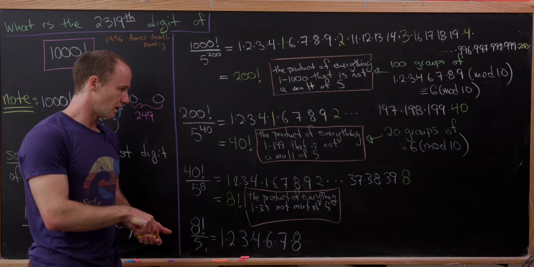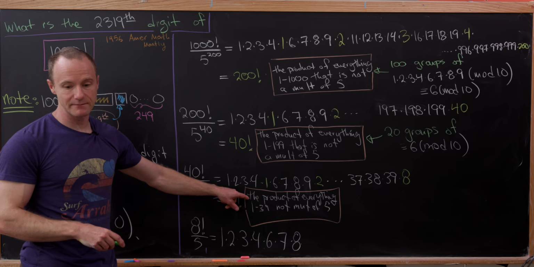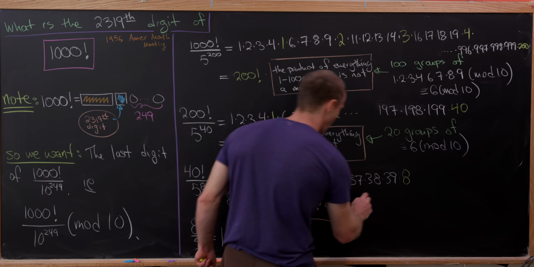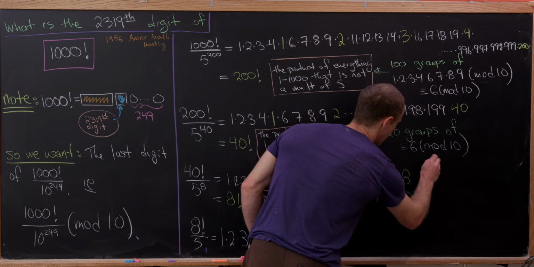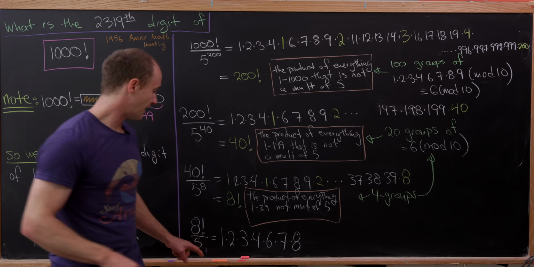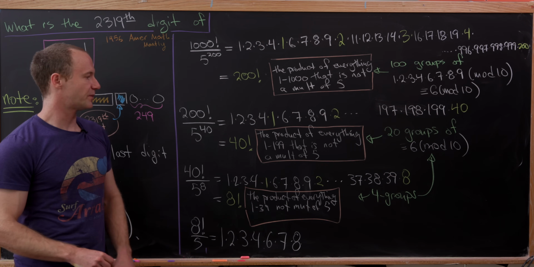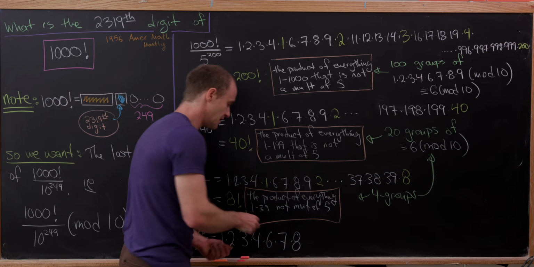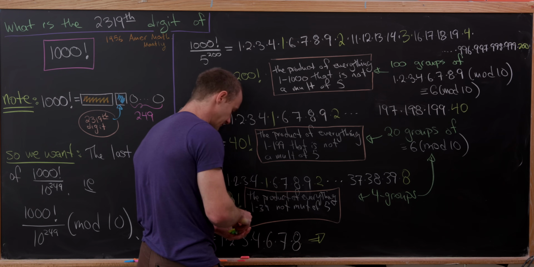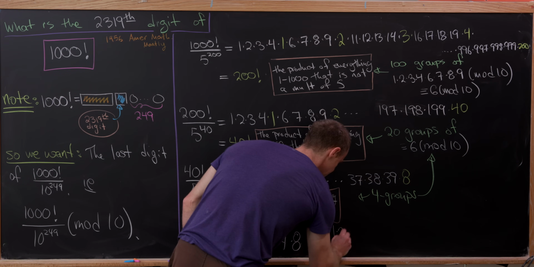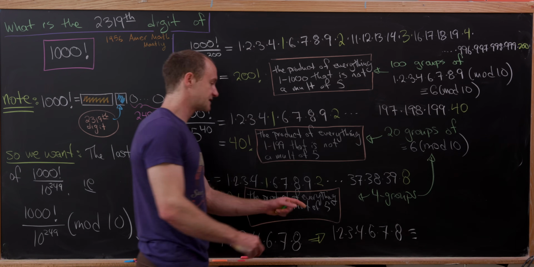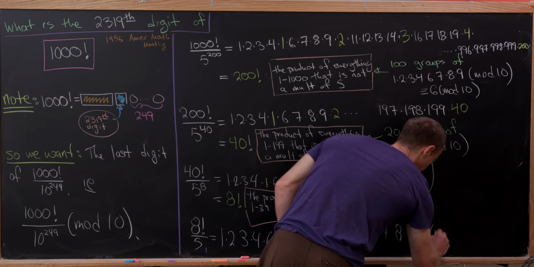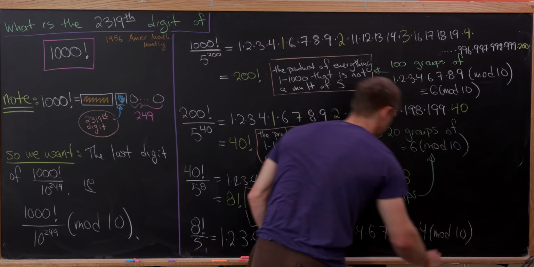And then, what do we have down here? Well, the same kind of game, but now it's 4 groups. So this is going to be 4 groups of this thing. And then finally, we've got one group of things like this. But we might as well reduce this mod 10, and what you'll see is that 1 times 2 times 3 times 4, 6, 7, 8 is congruent to 4 modulo 10.